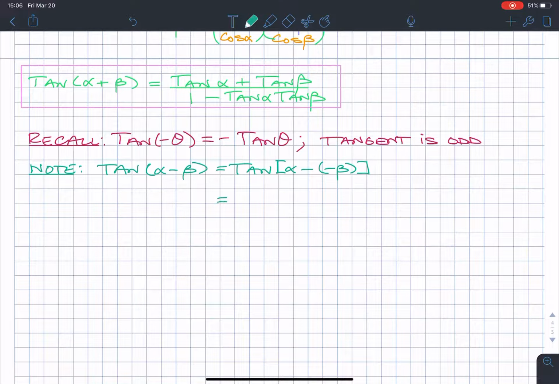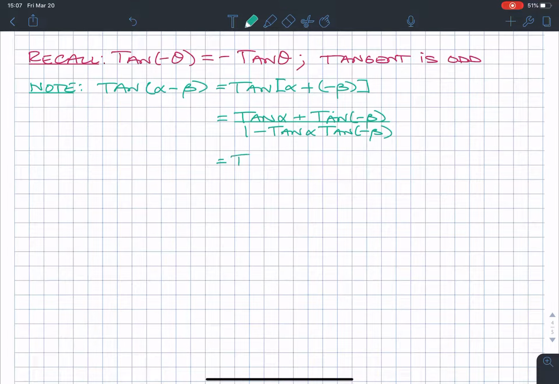Okay, so that's going to be the quotient, tangent of alpha... Sorry, what am I doing? Plus a negative. So plus tangent of negative beta, all over 1 minus tangent of alpha times tangent of a negative beta.